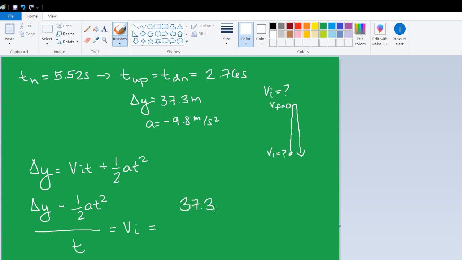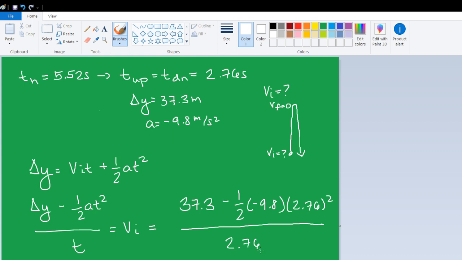37.3 meters, because it's going up, minus 1/2 times negative 9.8 times the time, which is around 2.76 seconds, because again, we're going up, squared, all over the time again, so that's 2.76. Let's get my calculator out.